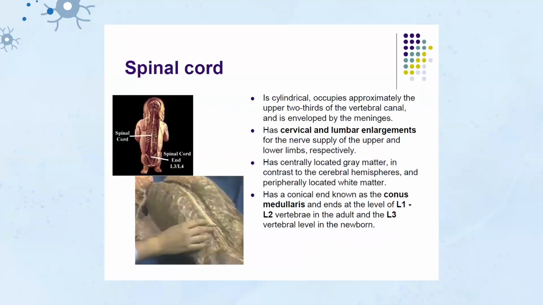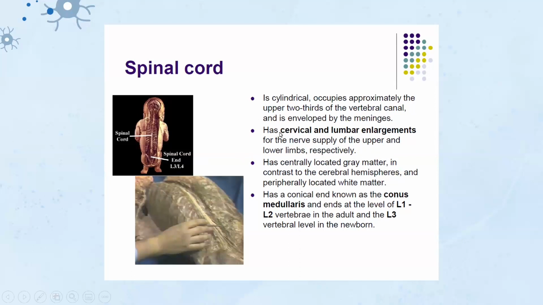The other major organ that makes up the central nervous system is the spinal cord. It is cylindrical. It is also enveloped by meninges. It has a cervical and lumbar enlargement, and the reason is that most of the nerve supply for the upper and the lower extremities comes from the cervical and the lumbar spinal nerves.